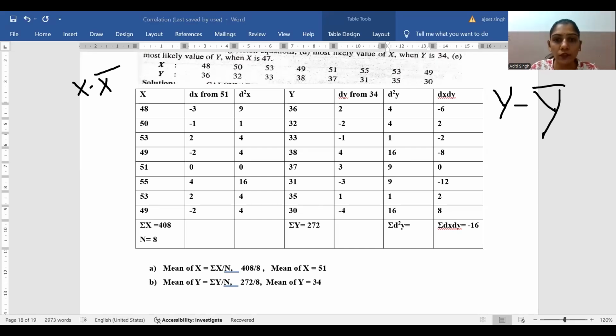Let's calculate this first. 9 plus 16 plus 9 plus 9 and plus 7. So this is 60.